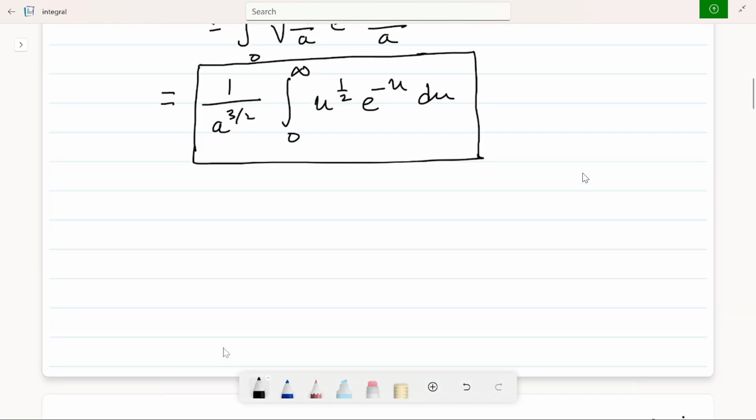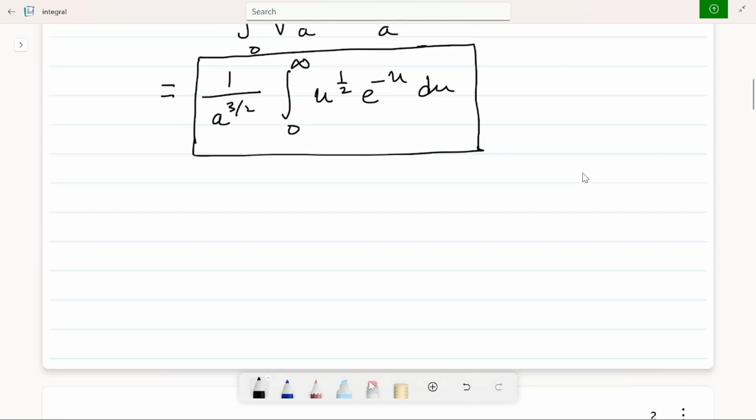Now we are going to use the gamma function over here. So what is the gamma function? Gamma function is defined as gamma of n equals the integral from 0 to infinity of some variable u raised to the power n minus 1 times e to the power minus u du.